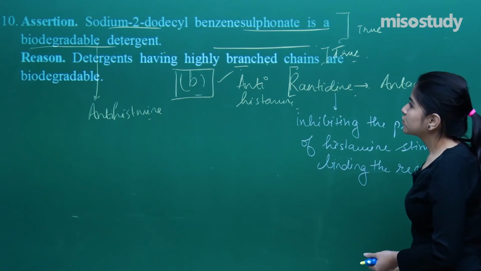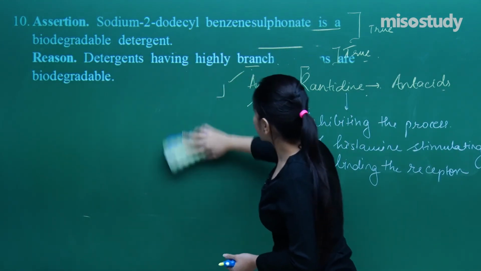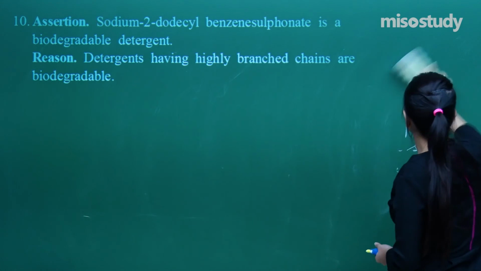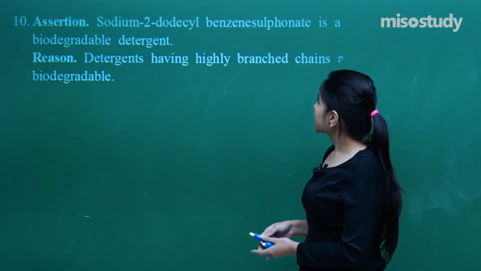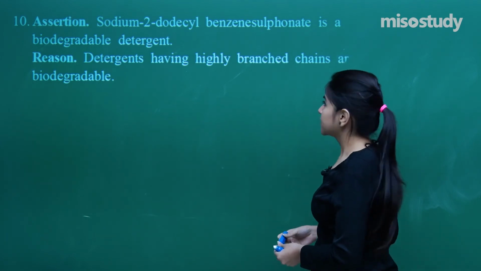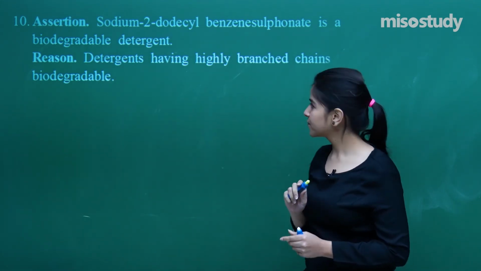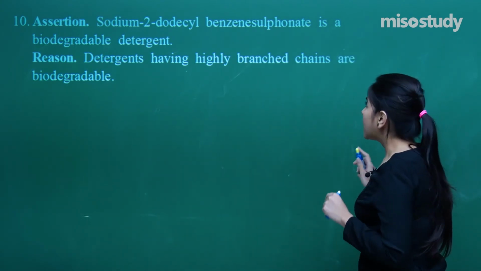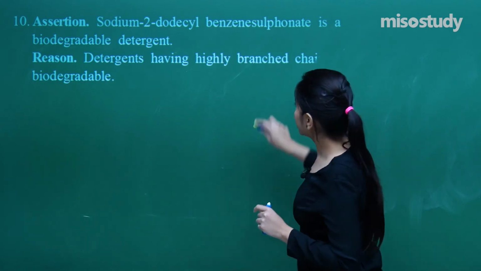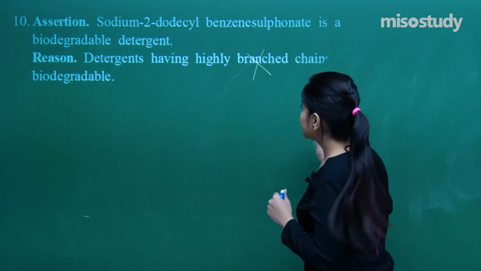Now, let us move on to the very last question. What do we have? Again the assertion reason type question. Sodium 2-dodecylbenzene sulfonate is a biodegradable detergent. So it is a question of detergents. The reason: detergents having highly branched chains are biodegradable. First of all, the reason is untrue. Why?